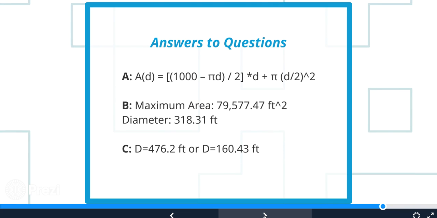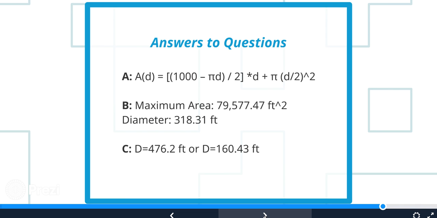So the answer to the questions is, for A, the area of the stadium in terms of diameter is equal to (1,000 minus pi times diameter) divided by 2, times diameter, plus pi times (diameter divided by 2) squared. That is the equation for the area of the stadium. And for step B, what is the maximum area that the stadium can be?